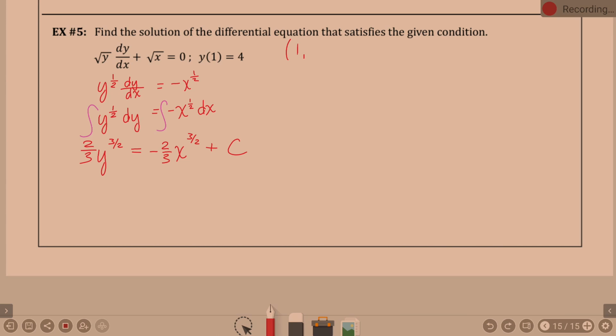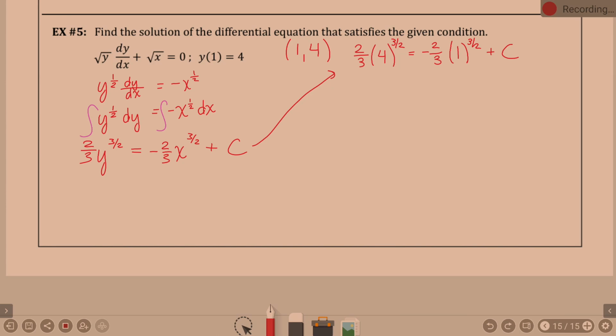I was debating how I wanted to do this. Okay, you ready then? So, 2/3, what am I putting in for y? 4 to the 3 halves equals, oops, negative 2/3 times x, which is 1 to the 3 halves, plus c.